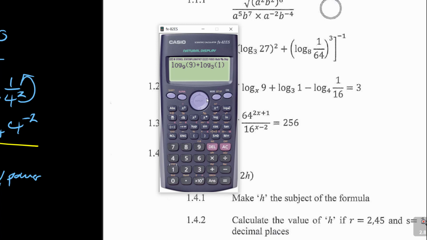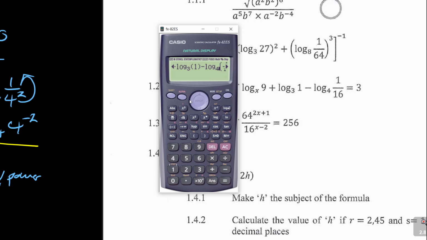Log base 3 of 1 and then minus log base 4 of 1 over 16. I think that was the error there. Is equal to, again I'm not getting that. Is it supposed to be plus? Supposed to be a minus in between here.